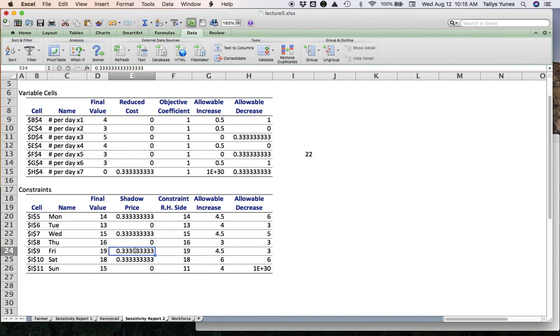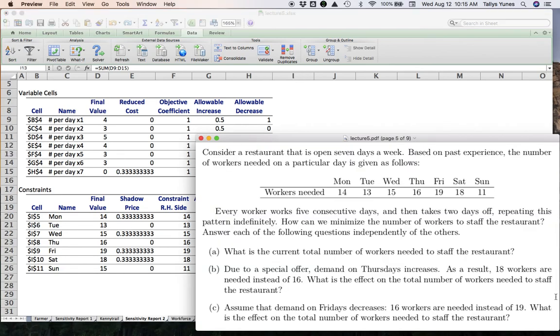The shadow price is a third. So minus 3 times a third is minus 1. That means my objective will be 21 people. So the result here is if you only needed 16 workers on duty on Fridays instead of 19, you could make do with a staff of 21 workers instead of 22.